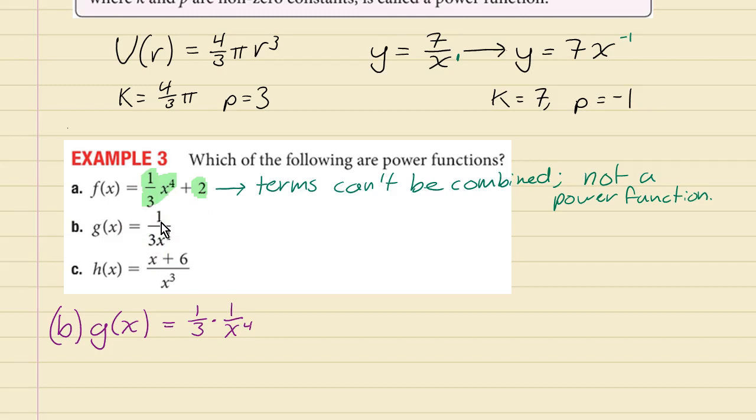And then the 1/x to the 4 you can write as x to the -4. That's the definition of a negative exponent. So this is a power function, and we can say that the k in front is the 1/3, and the p is -4.